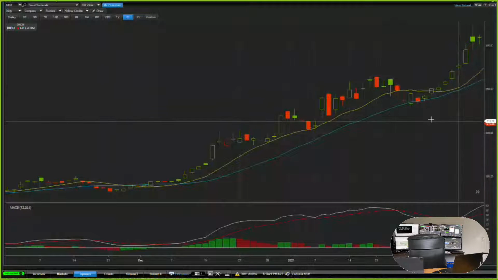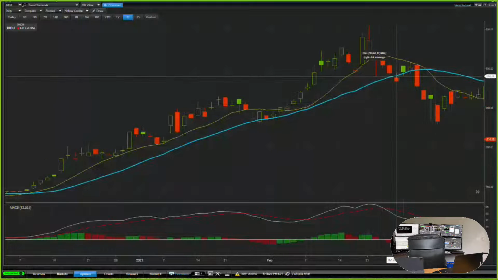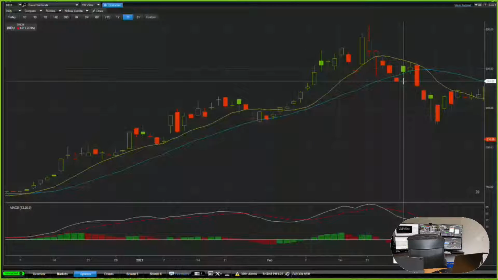But first, let's see where our exit was. Our exit was going to be right here, there's our first candle below the 20, and that's less than 30 days to Expo. Let's see, what date is that? 2/26. Okay, so our exit was on 2/26/21, and we'll say that was right at around 284.